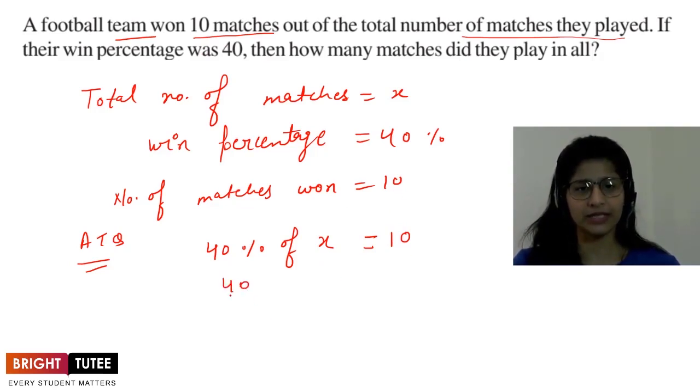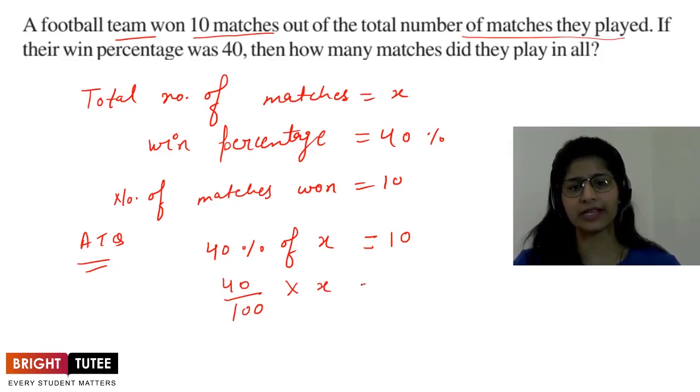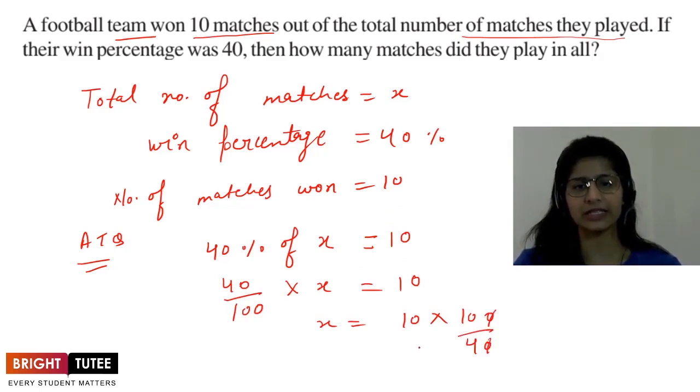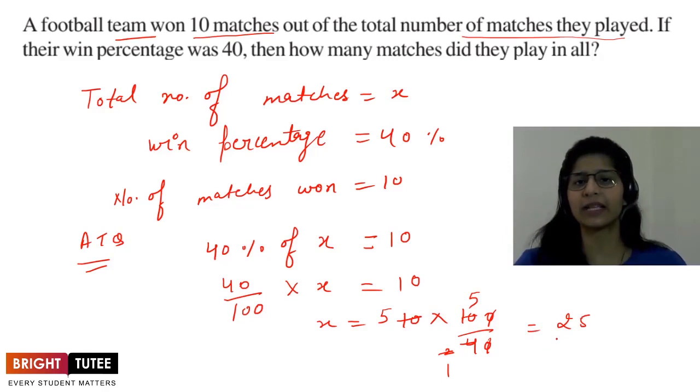So 40%, removing the percentage sign, we will write 40/100 into X is equal to 10. So X will be 10 into 100 upon 40, right? When you cancel it, you get 2 2s are 4, 2 5s are 10, 2 1s are 2, 2 5s are 10. You get 5 5s are 25. So how many total matches did they play?